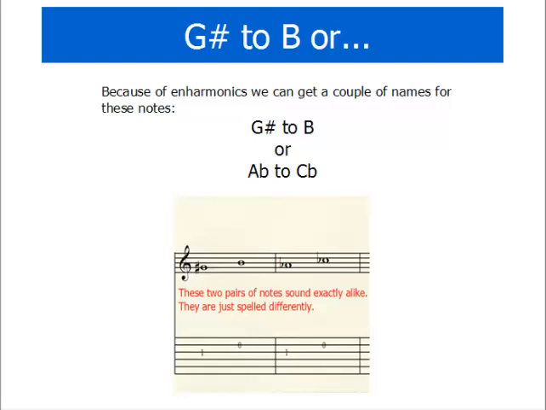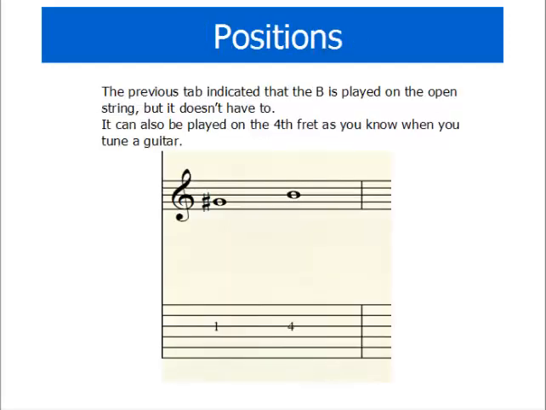Now, it's also known as A flat or C flat. The previous tab indicated that the B is played on the open string, but it doesn't have to be. Again, you're talking about the different position here. You can bring it to the 4th fret. 1st fret, 4th fret, G sharp, B.